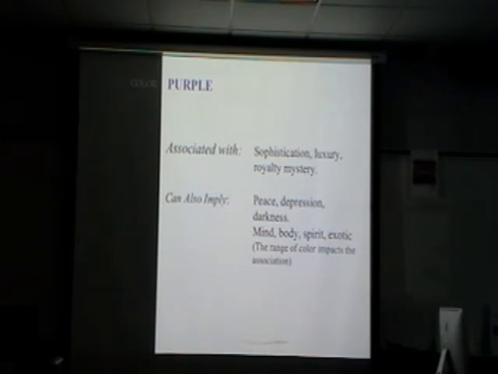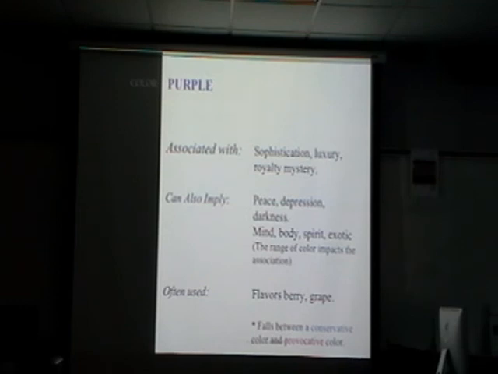Purple can also be used to imply that something is exotic. Because, as we look on the color wheel, it's between a conservative blue and provocative red, the color purple has a lot of range to it.